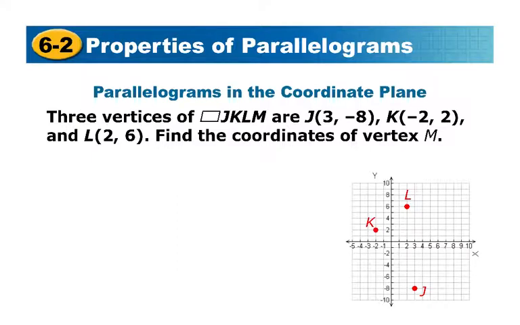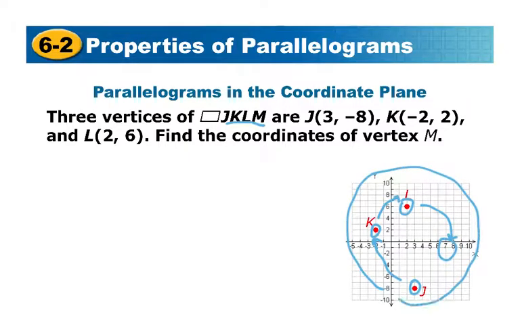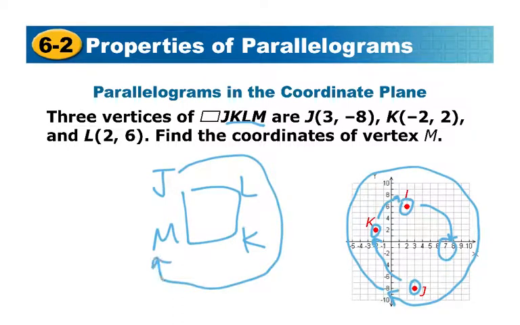So for instance, if we imagine this kind of going in a circle, if this name is JKLM, we start at J and go to K and then go to L and then potentially M, which would be over here somewhere. So you're always moving in this circular way around a shape. So you would never name a shape JKLM in that order, because it's not going in the circle of J to then K to L and then M.